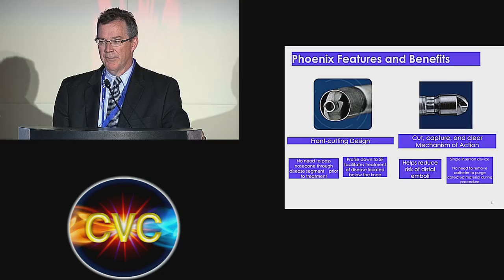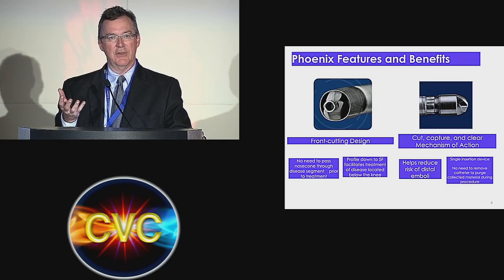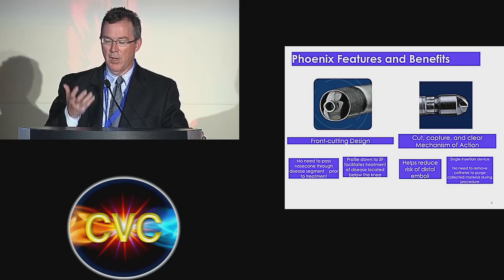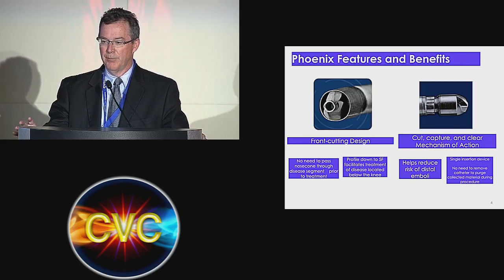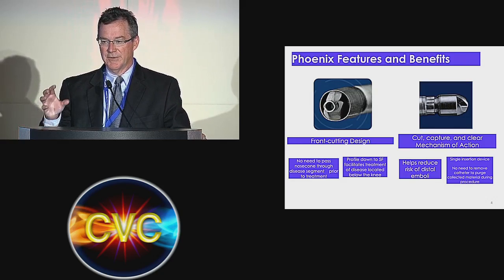The features of the Phoenix, as you can see, it's got 2 blades and it's front cutting. So typically you would not have to pre-dilate to get this by there. It's got 2 blades that act like ice cream scoopers, if you ever scoop out ice cream in a box. And then it's got a series of blades in the back that will emulsify it.